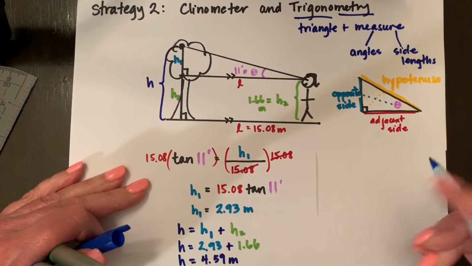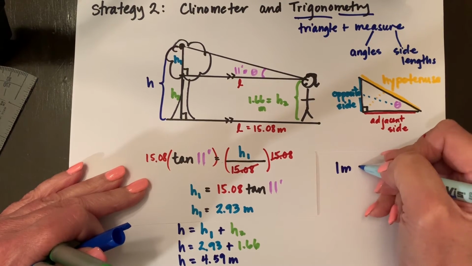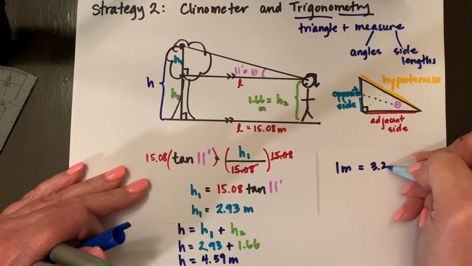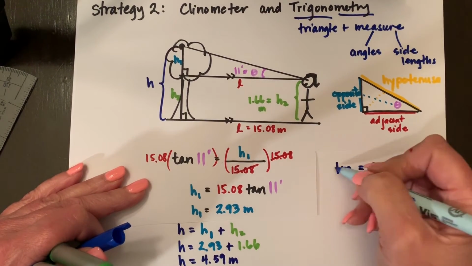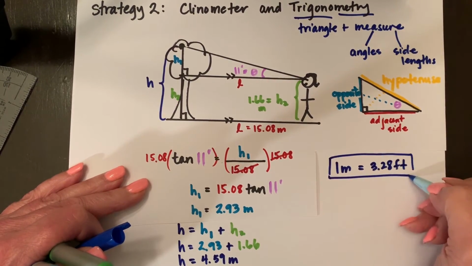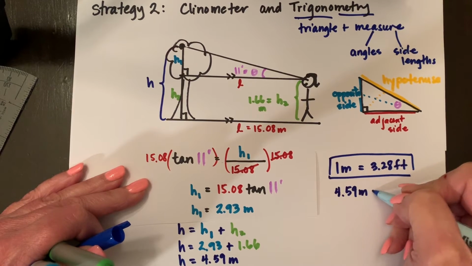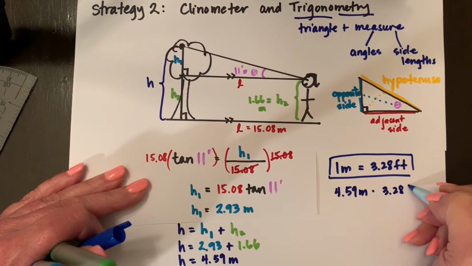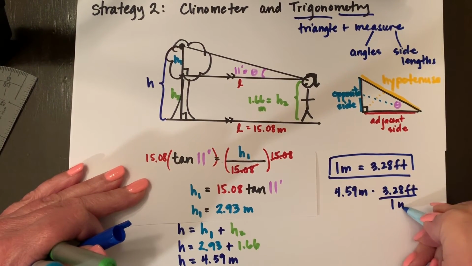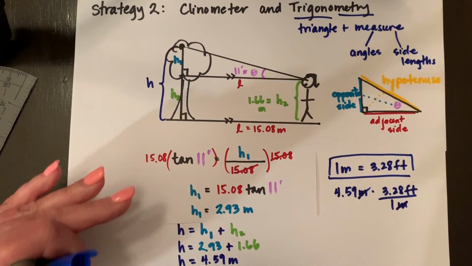So if you recall, 1 meter is equal to about 3.28 feet. So we're going to use this conversion factor. And so we have 4.59 meters times 3.28 feet for every meter. So I can get my meters to cancel out.